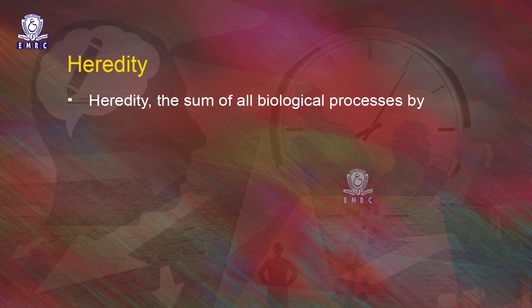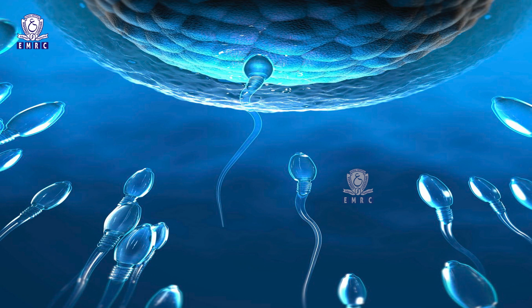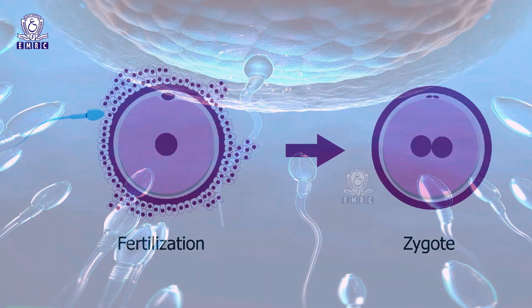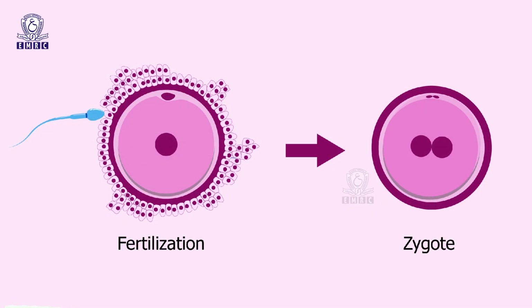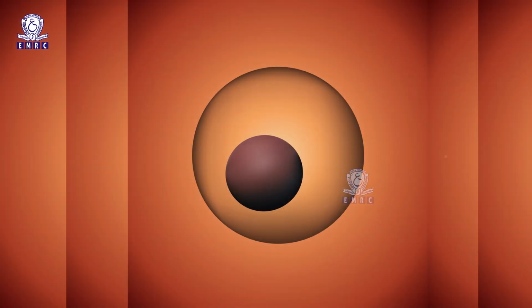Heredity is the sum of all biological processes by which particular characteristics are transmitted from parents to their offspring. The origin of every human life can be traced to a single cell called the zygote. It is formed by the union of sperm and ovum. The sperm and ovum each contain 23 chromosomes, out of which one is the sex-determining chromosome.